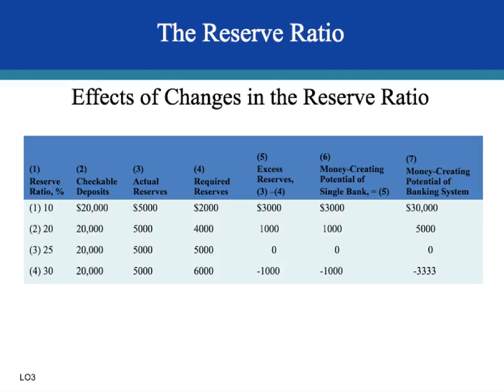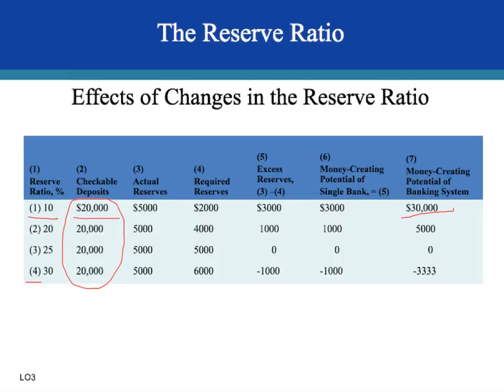Okay, so we look here at effects of changes in the reserve ratio. If the reserve ratio is 10%, checkable deposit is 20,000. We see that the money creating potential of the banking system is 30,000. Notice that in each of these scenarios, checkable deposits is 20,000.